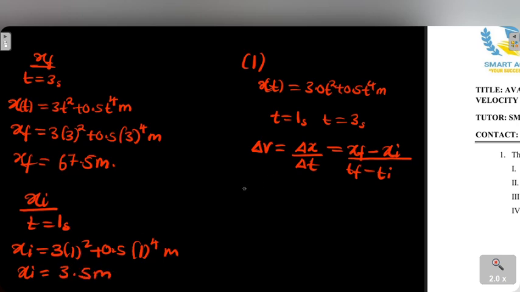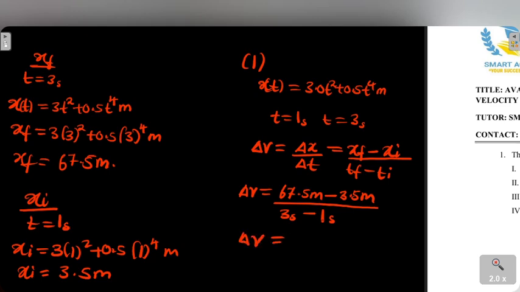So now we come and substitute here. The average velocity will be equal to the final position, 67.5 meters, minus the initial position, when t is equal to 1 second, 3.5 meters, over the final time, 3 seconds, minus the initial time, 1 second.